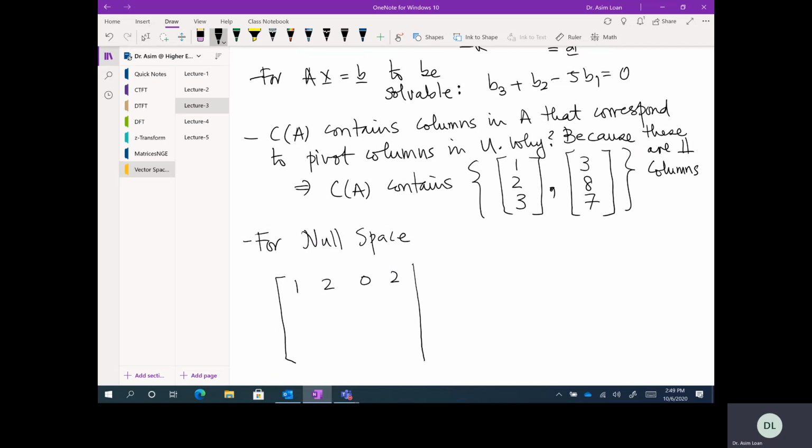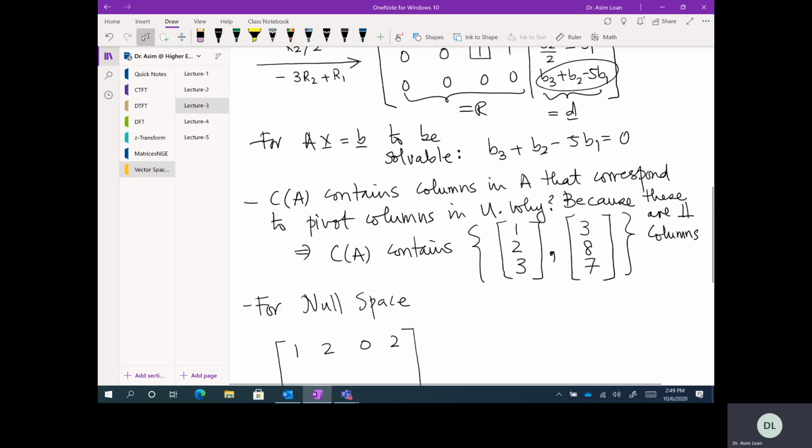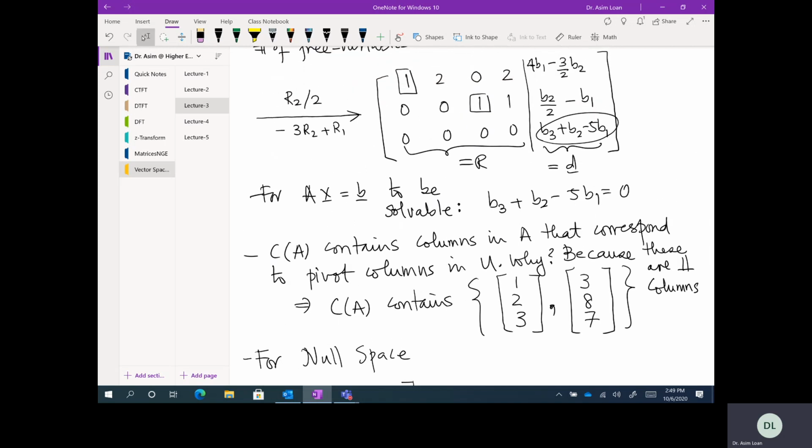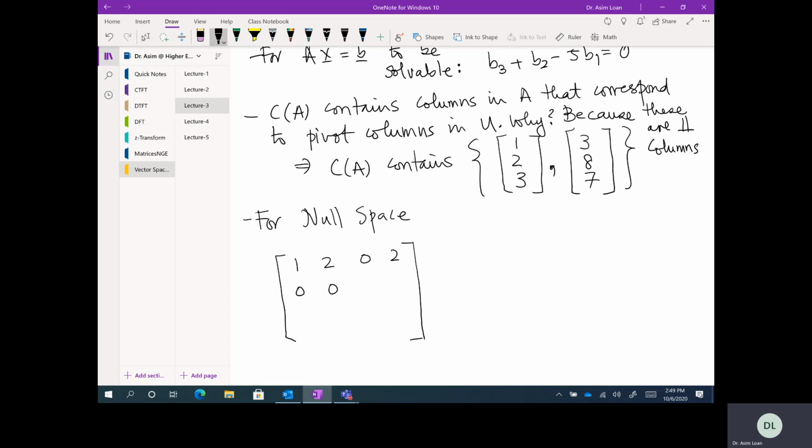This part is not needed, right? And this is 0, 0, 1, 1, 0, 0, 1, 1, and 0, 0, 0, 0. So we have this pivot, and with this one we have x1, x2, x3, x4.